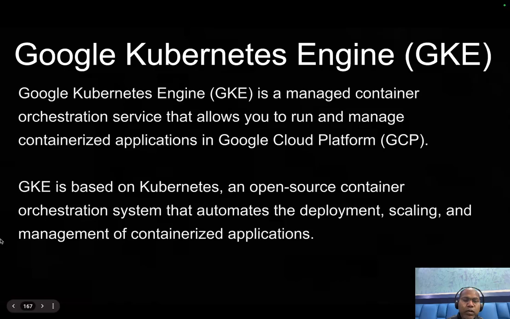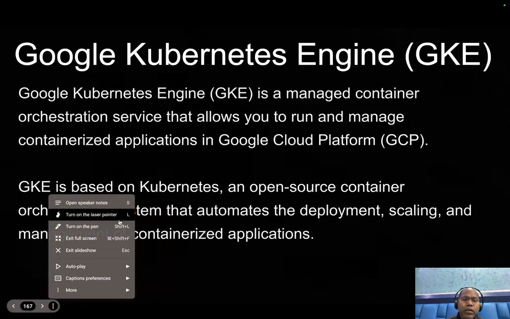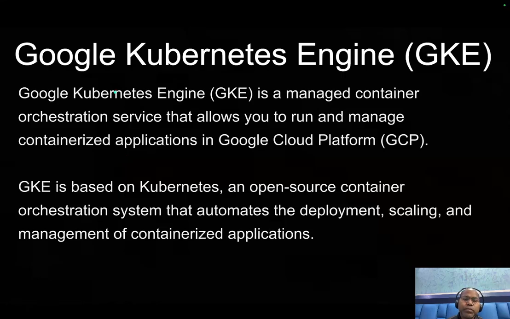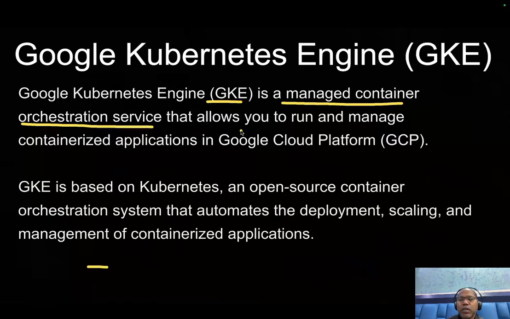So if we talk about the basics, GKE, Google Kubernetes Engine, is a managed container orchestration service that allows you to run and manage containerized applications in the Google Cloud Platform.